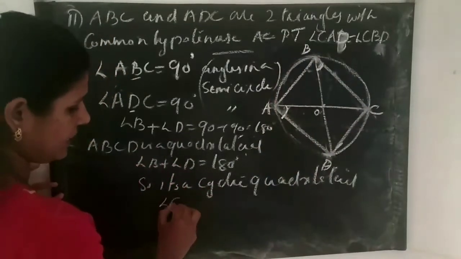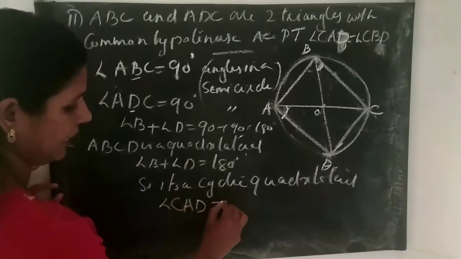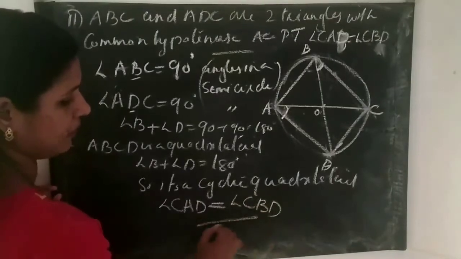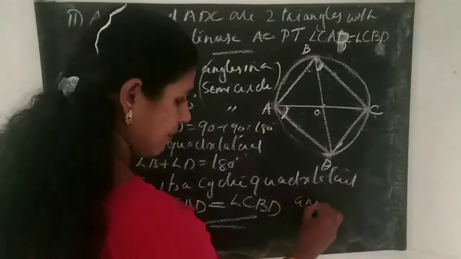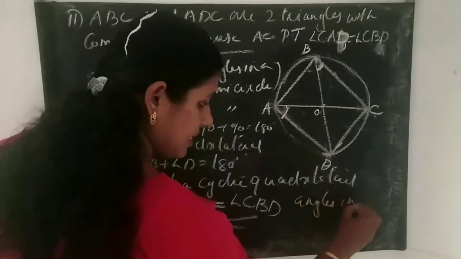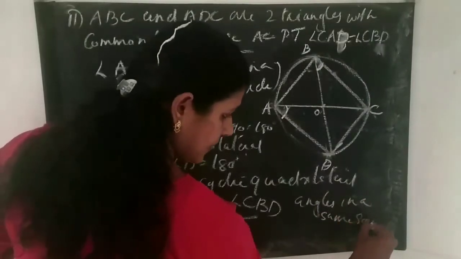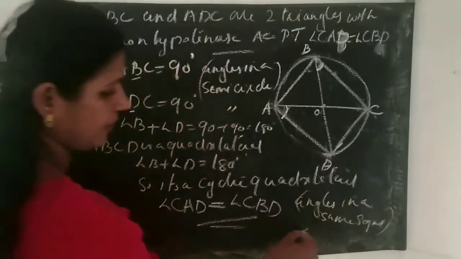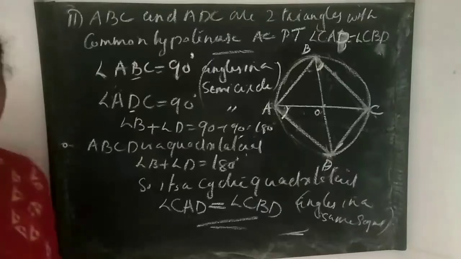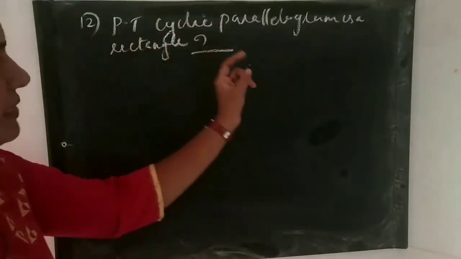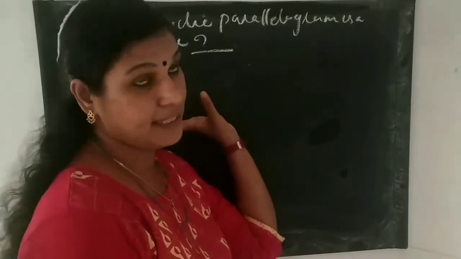So angle CAD equals angle CBD because of angles in the same segment. Okay. Understood? Our 12th question, the last question, is prove that a cyclic parallelogram is a rectangle.